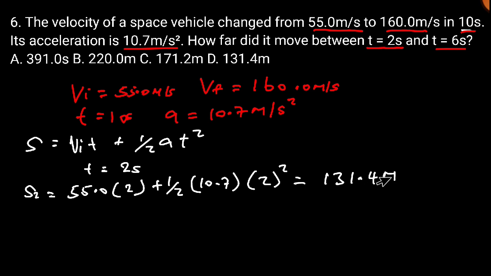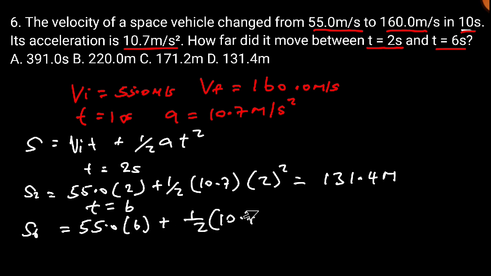131.4 meters. Now when t is equal to 6, we're going to have s sub 6 equal to 55.0 multiplied by 6 plus half multiplied by 10.7 multiplied by 6 squared.